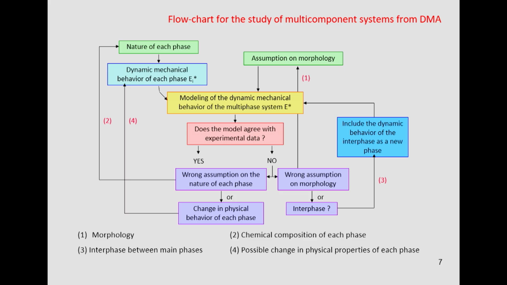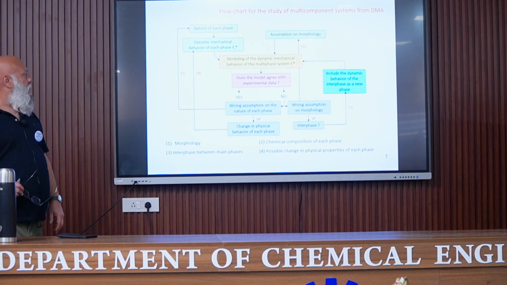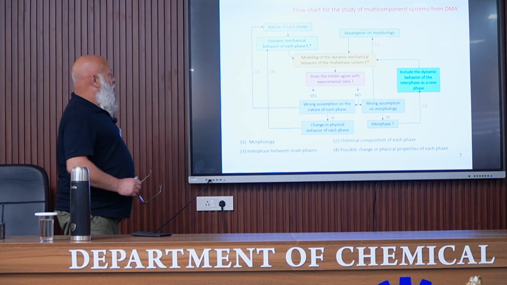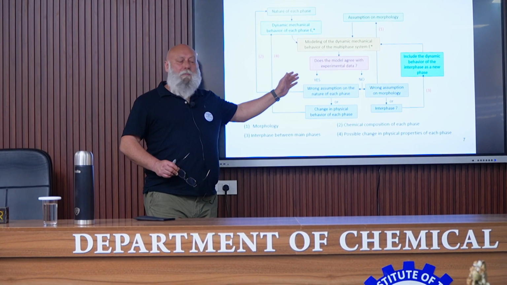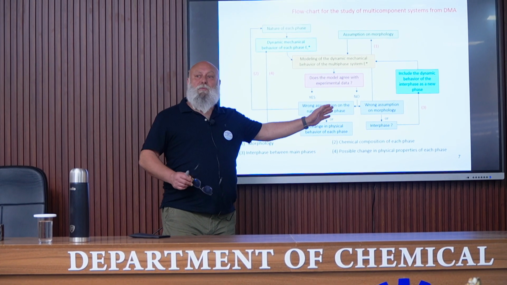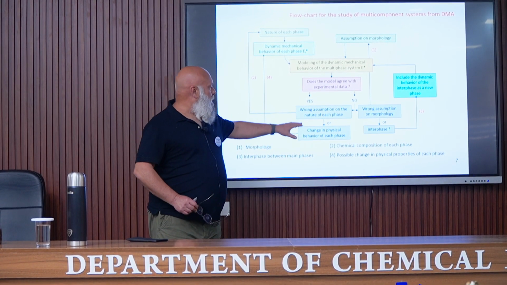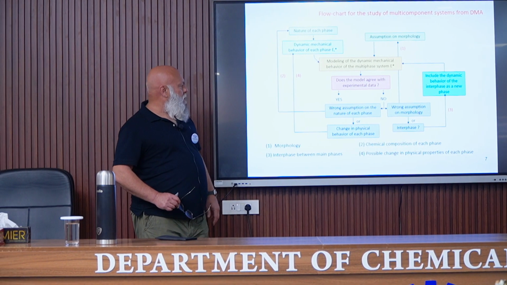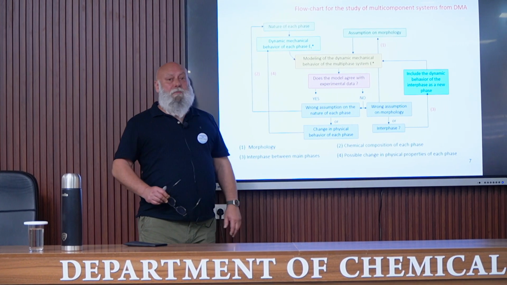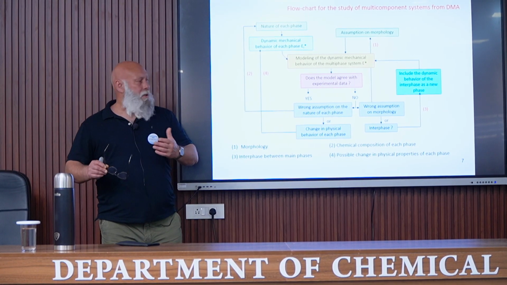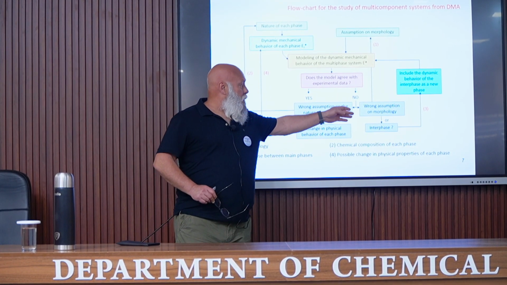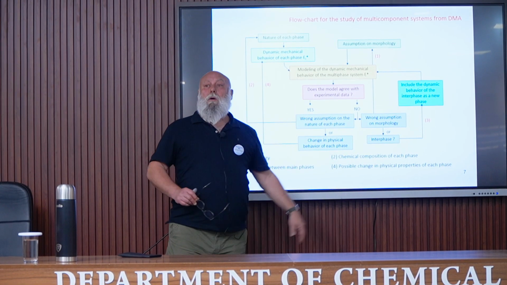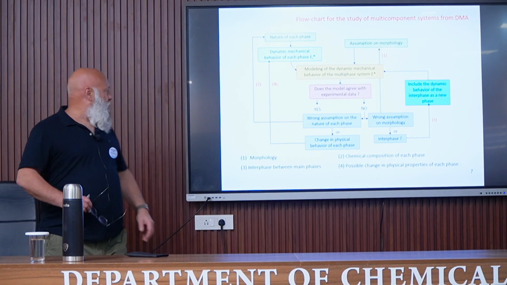We can use a model with this morphology, and we check if we have a good agreement between the experimental data and the model. If yes, we can be happy. If no, we have to change something. And so there are different options. So it can be a wrong assumption on the nature of each phase, a change in the physical behavior of each phase when they are in presence, a wrong assumption, of course, on morphology, or the presence of an interface.